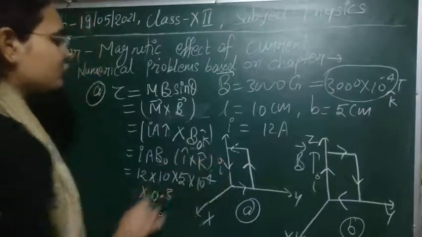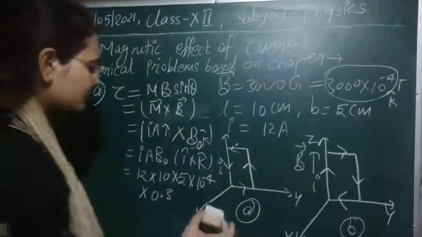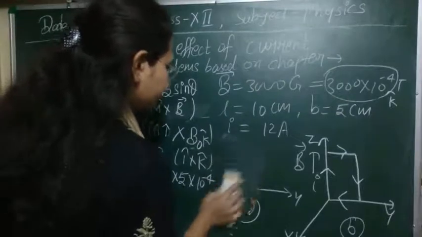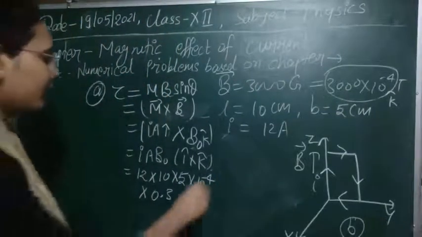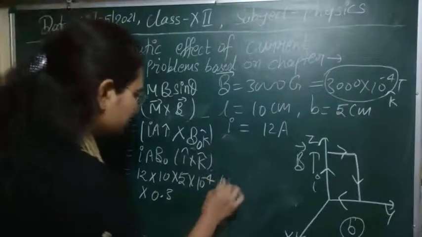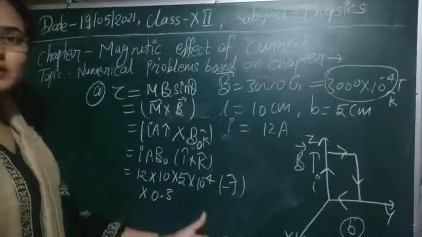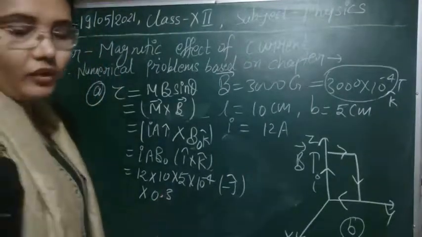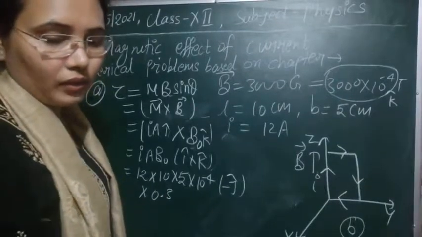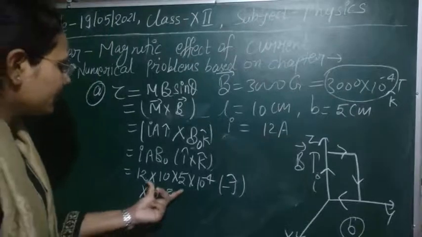Also, i cross k is obviously equal to minus j. You know that i cross k is equal to this value. So this gives us the direction of the torque that we are going to get. Now we can solve this easily.